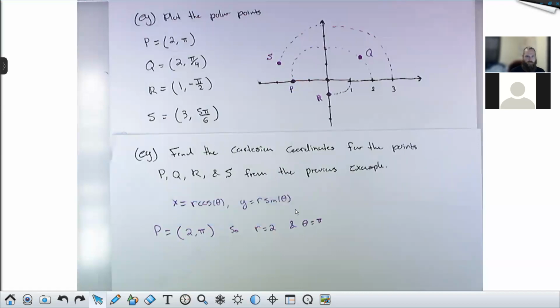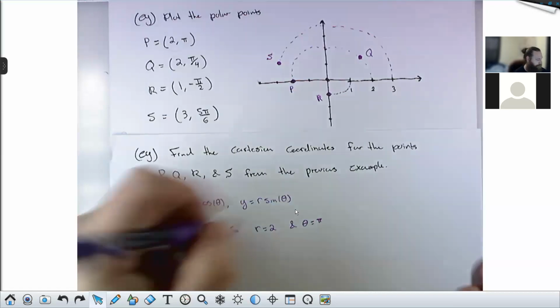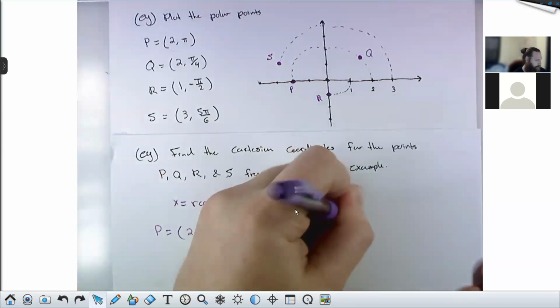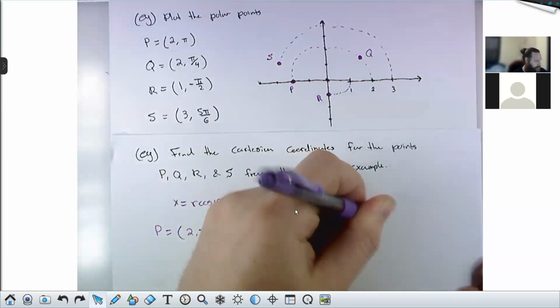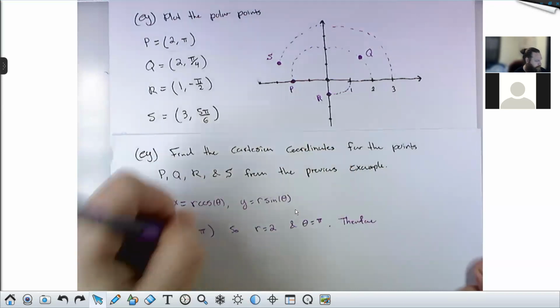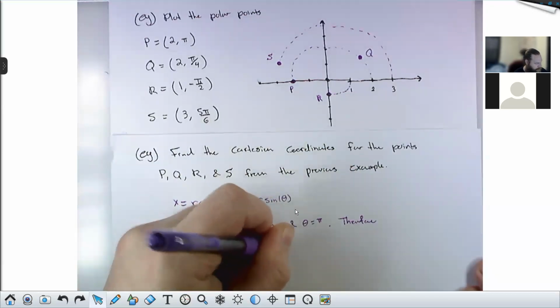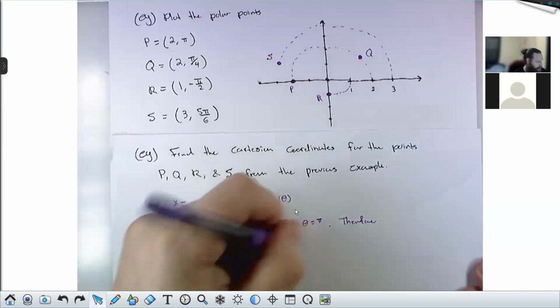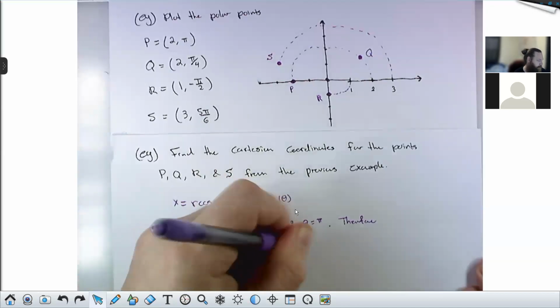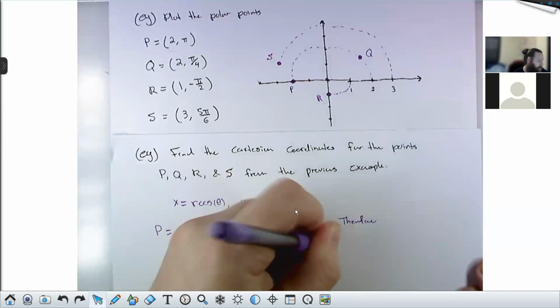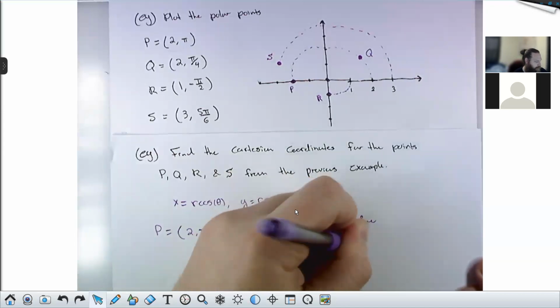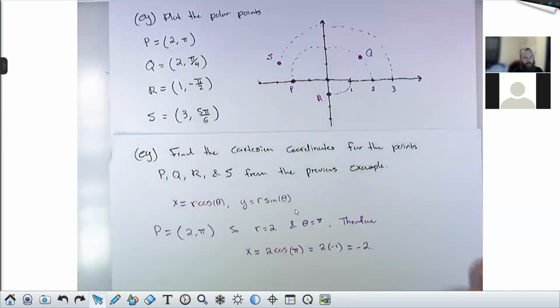I sure hope it does. Therefore, x should be 2 times the cosine of pi. Well, that's 2 times -1, which is -2. Thank God. All right, because the cosine of pi is -1.